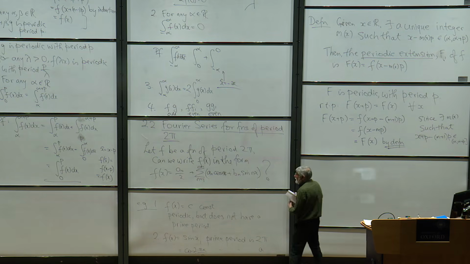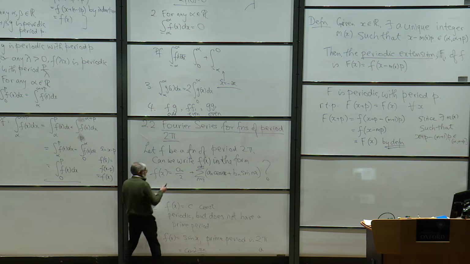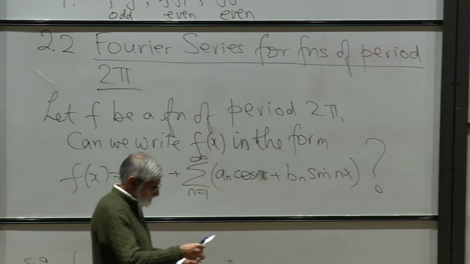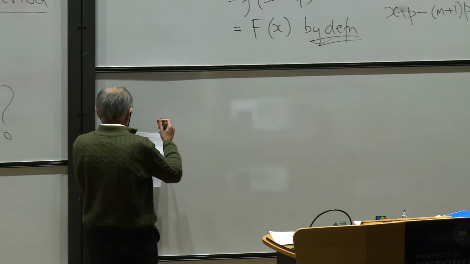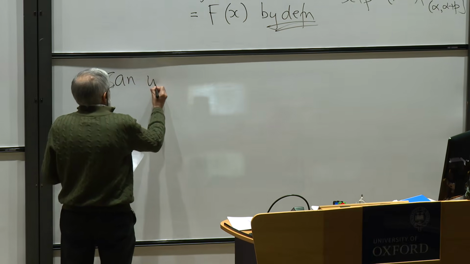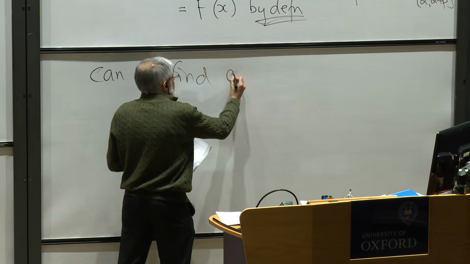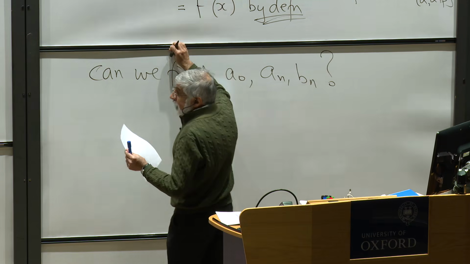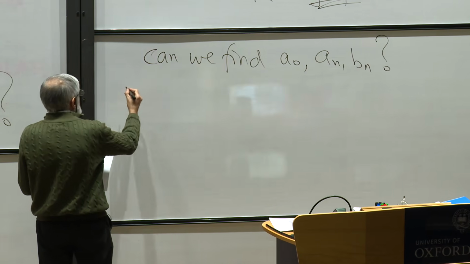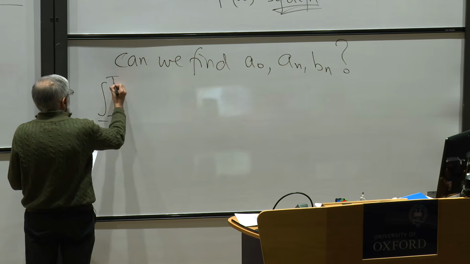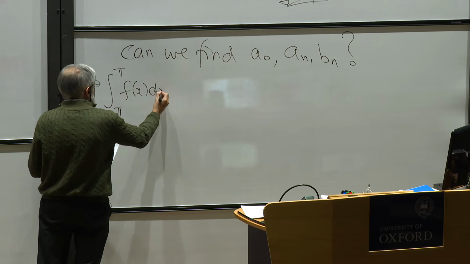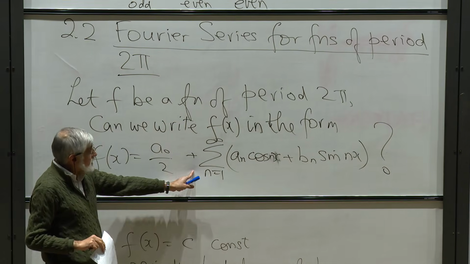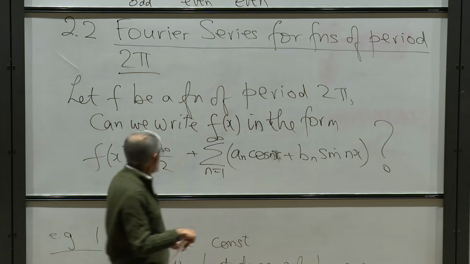So if we could write it in this form, could we figure out what the a's and the b's are? So can we find a naught, a n, b n? Well, let's assume that we can integrate f of x dx, and let's assume that we can take the integral of the sum to be the sum of the integrals.